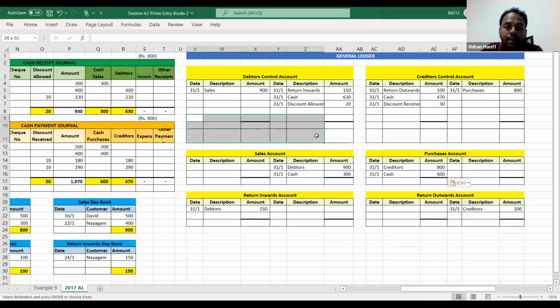Okay, can you calculate the closing balances of each account? They want the closing balance carried down.